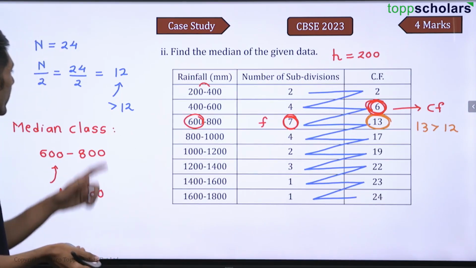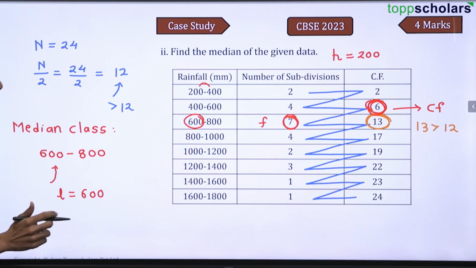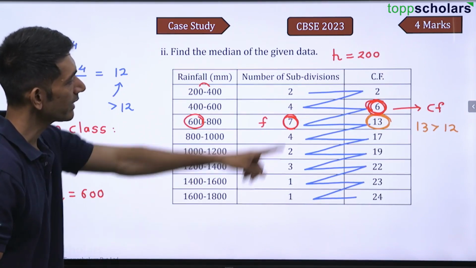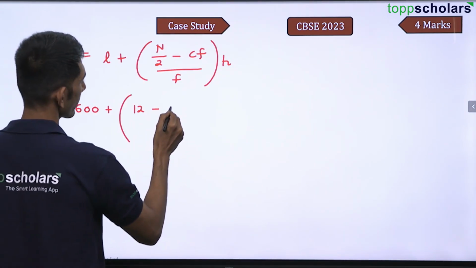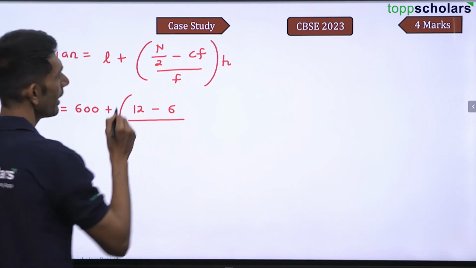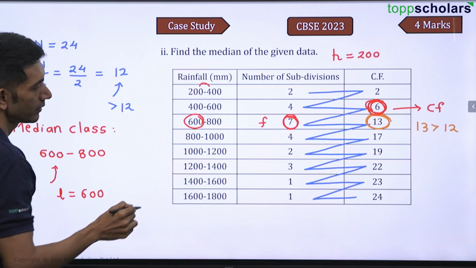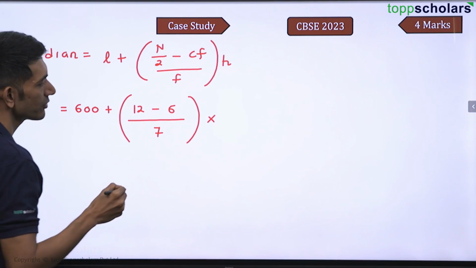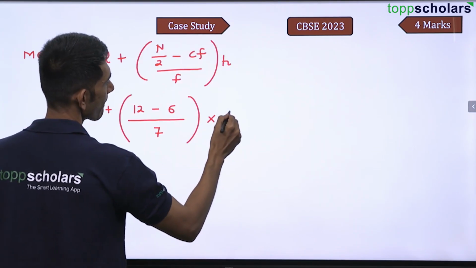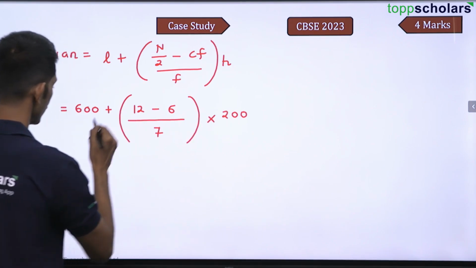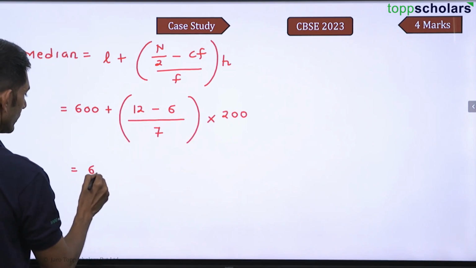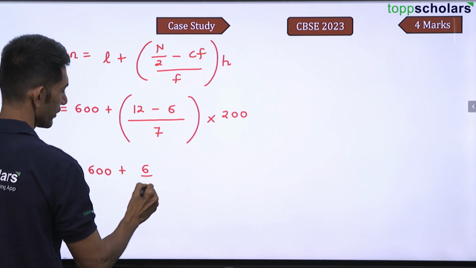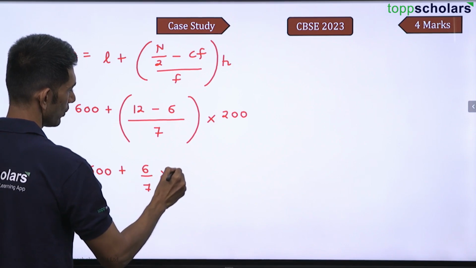Now N by 2 is 24 by 2, which is 12. So you get 12 minus CF. CF is 6 by F. What is F? F is 7 into H. H is 200. So that is equal to 600 plus 6 by 7 into 200.